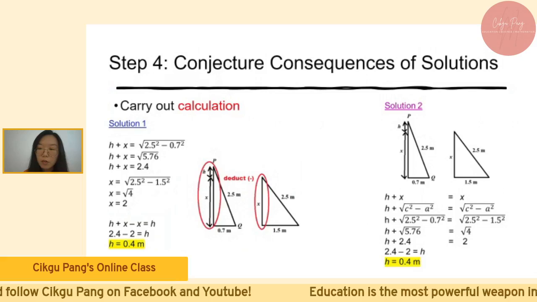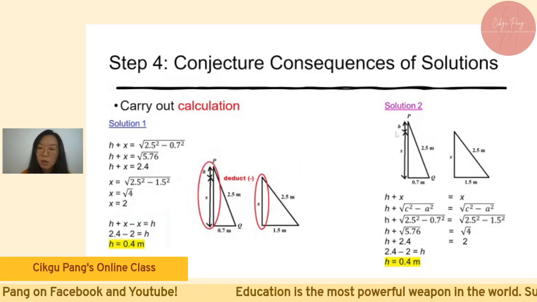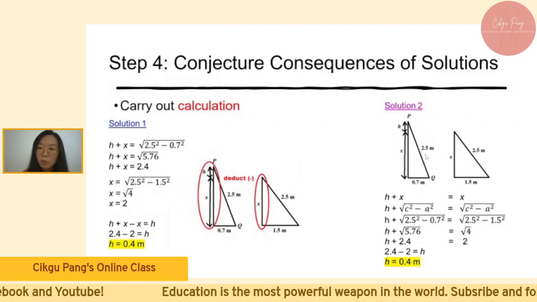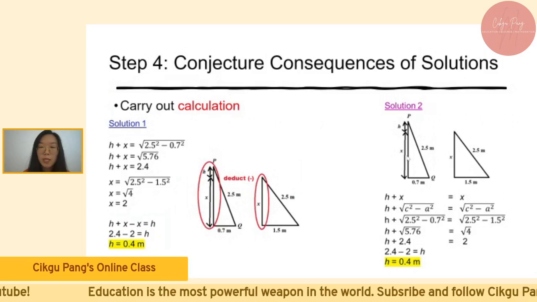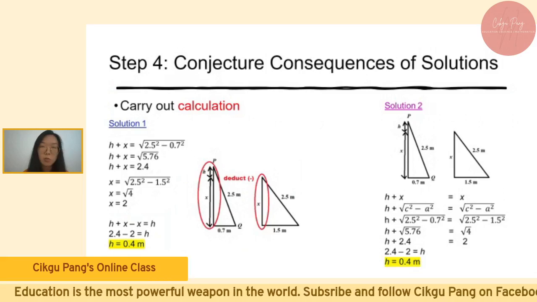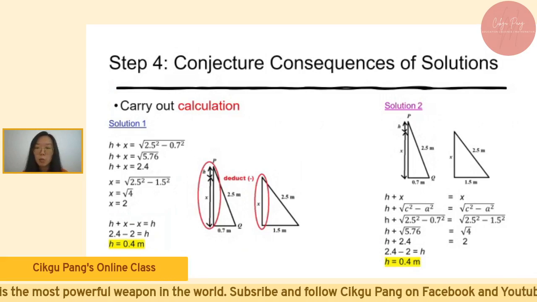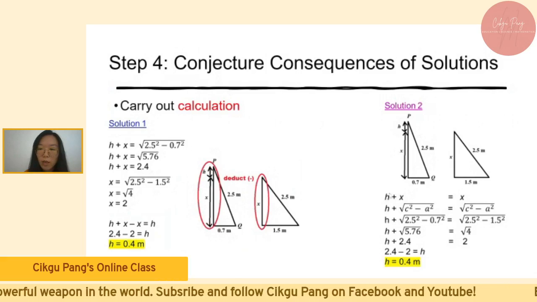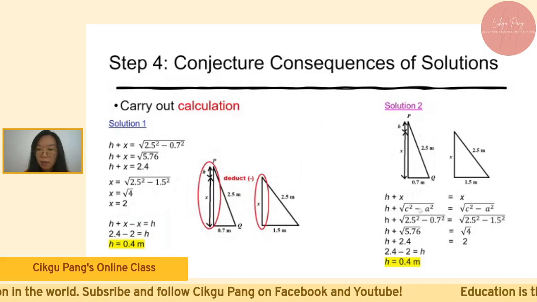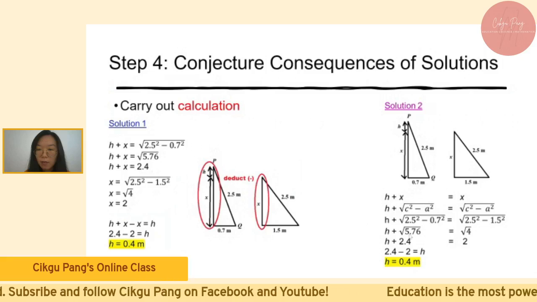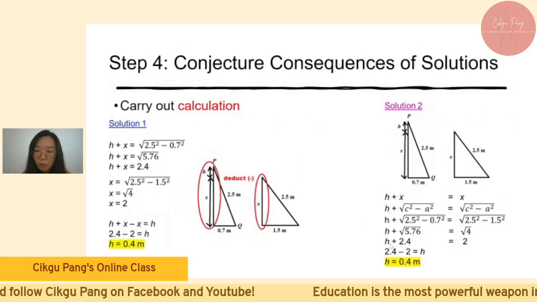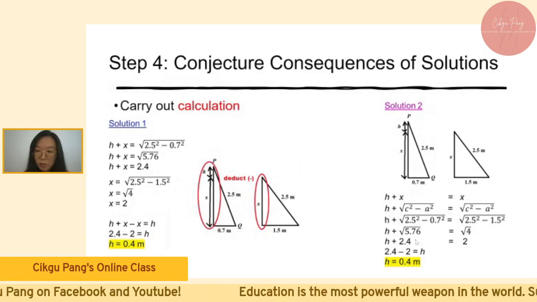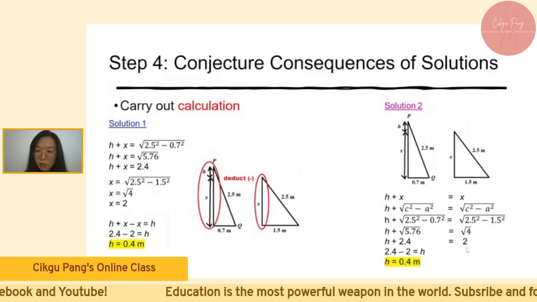Then let's try solution 2. We use comparison. That means for both of them, we put one on the left hand side and one on the right hand side to see whether the answer is equal or not. So h plus x, then we use the Pythagoras theorem here, and we will get that h plus 2 equals 2.4, where x here is 2.